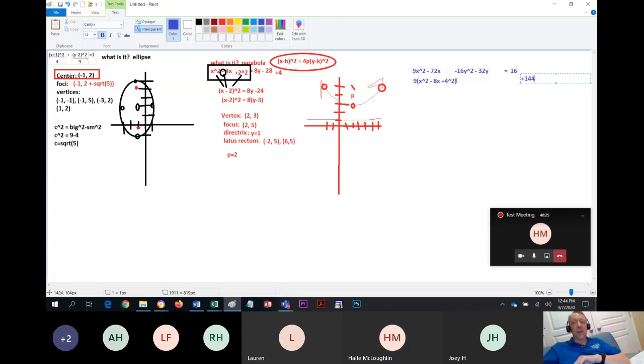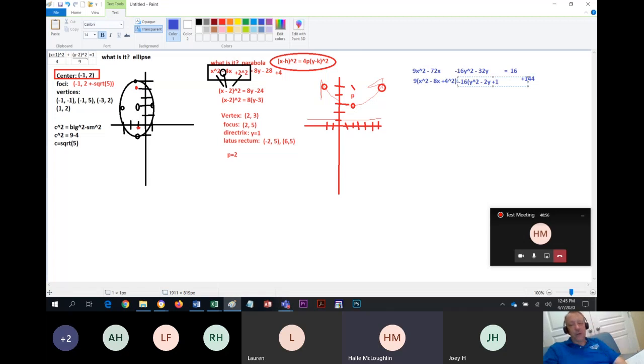Okay. Now I'm going to pull out the 16. I'm going to be left with y squared minus 2y. And what do I need to add to complete the square? 1 squared, so 1.